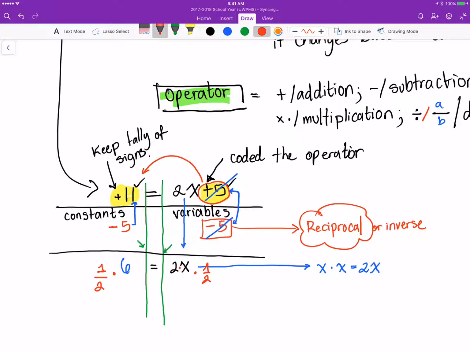Please keep in mind this: whatever you do on one side, you have to do on the other side to keep everything balanced. Always balance.